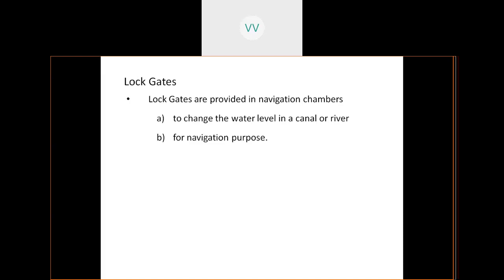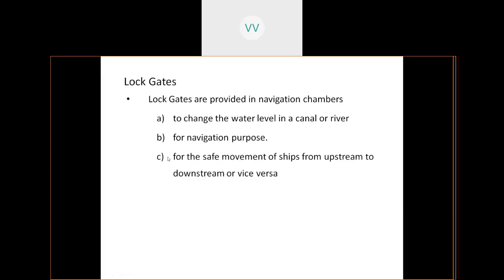Students, when it comes to boating, when you come across a bridge, definitely you have to negotiate the difference in the water level on either side. To overcome this gap, or the height of the water level, we are going to provide these lock gates.